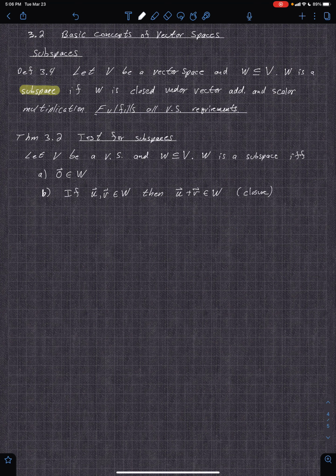And then C: if U is in W and C is real, then C times U is also in W. Again, that's closure.